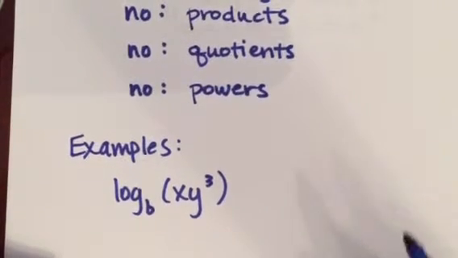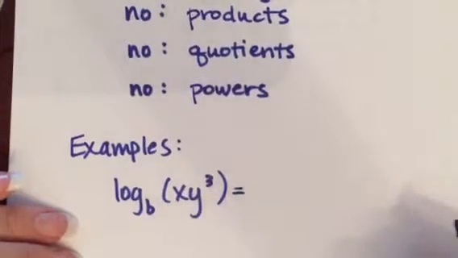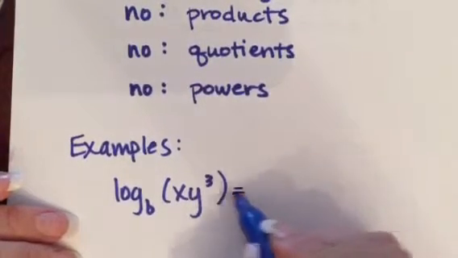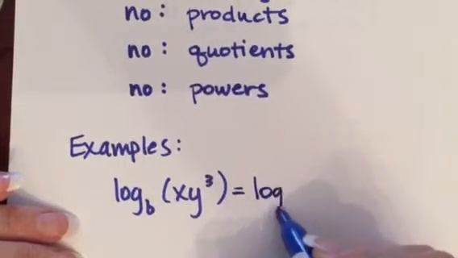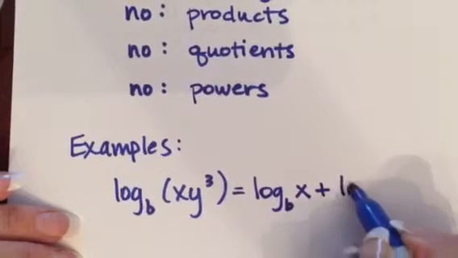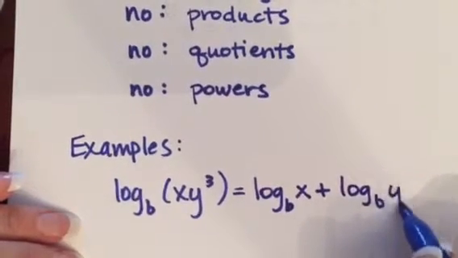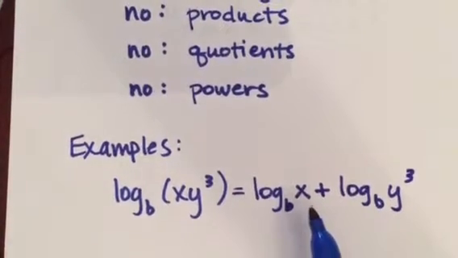Okay, so let's apply the product rule first, and that would be separating these 2 factors into separate logs. So log base b of x plus log base b of y cubed. And now I'm looking at these 2 logarithms and seeing, do I see products, quotients, or powers here?